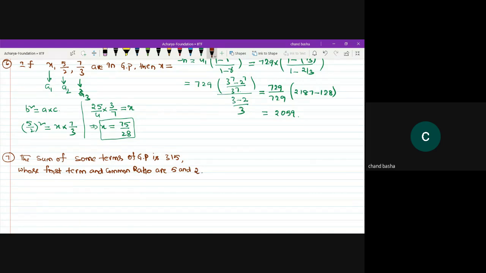Find the last term and the number of terms.